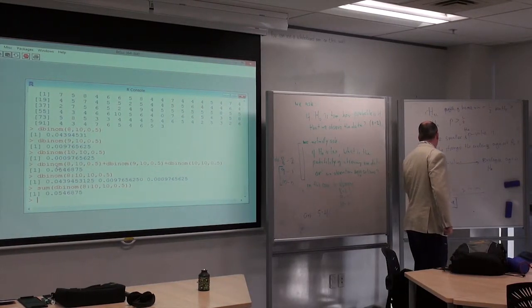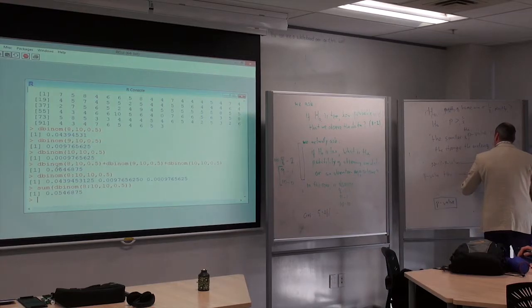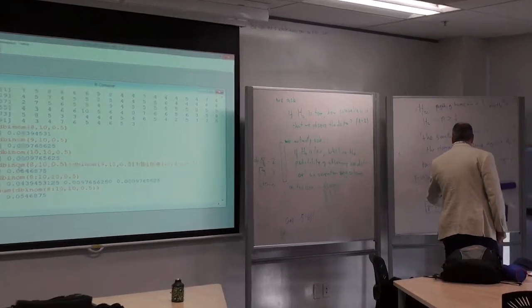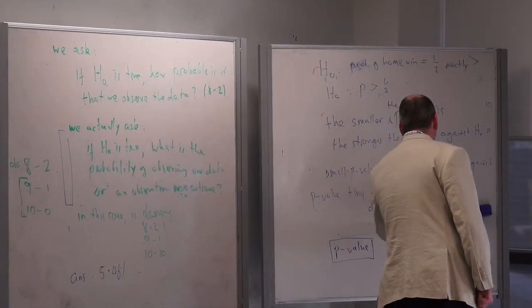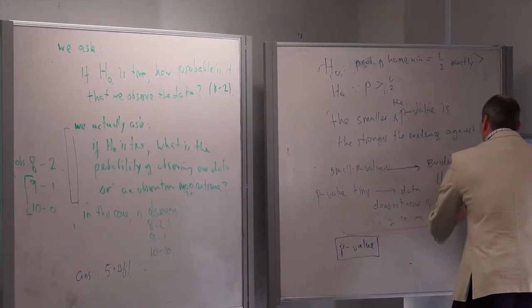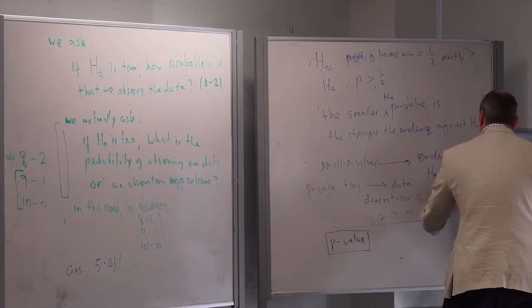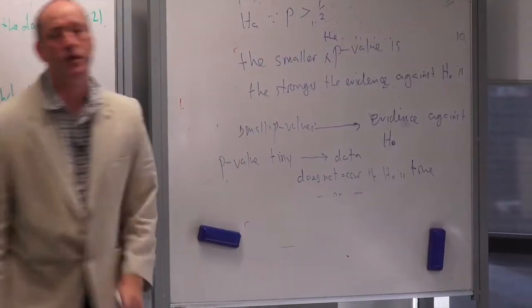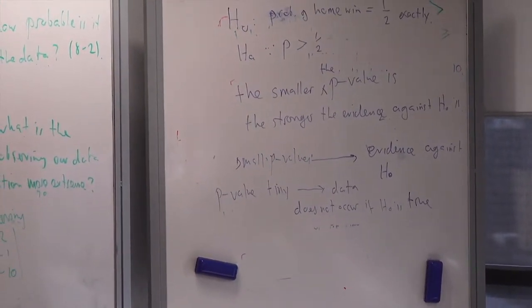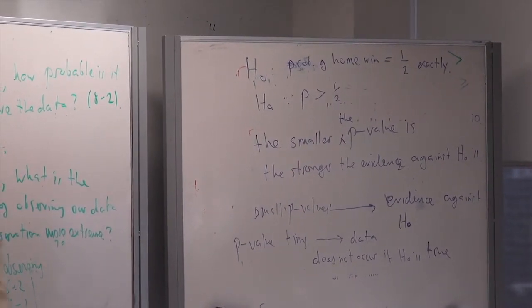P-value tiny implies that the data does not occur if the null hypothesis is true. So a tiny p-value says it's astronomically unlikely that we get this scoreline here of 8 out of 10 if the null hypothesis is true.